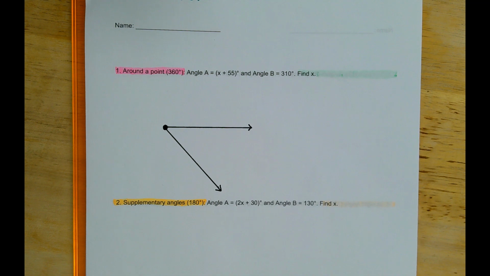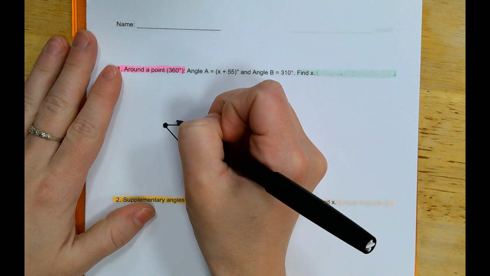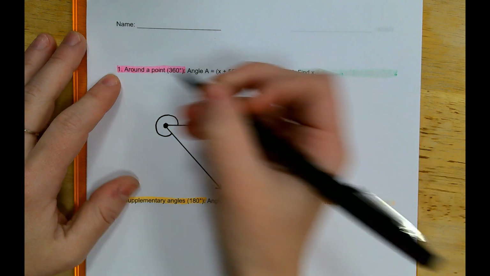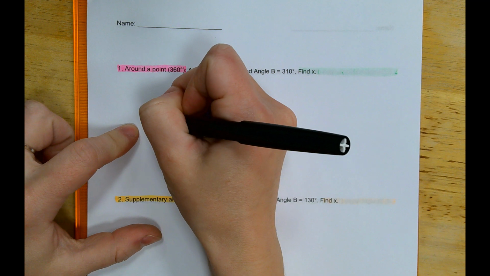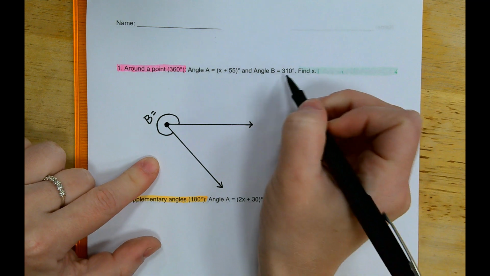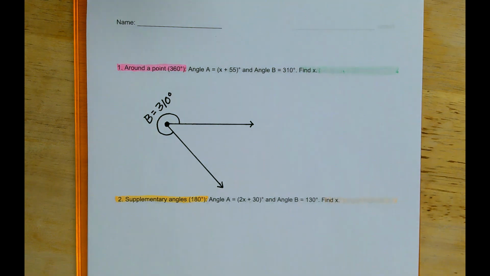Okay, so now I just need to label my angles. How could I do that? Yeah, let's label angle B. We've got something like this. I'm going to say B equals 310 degrees.